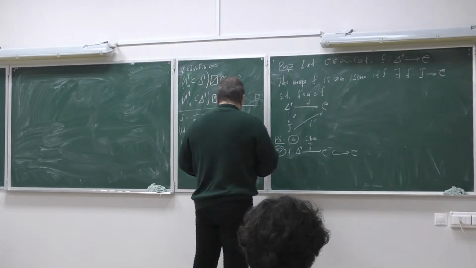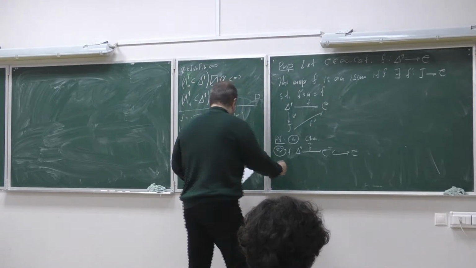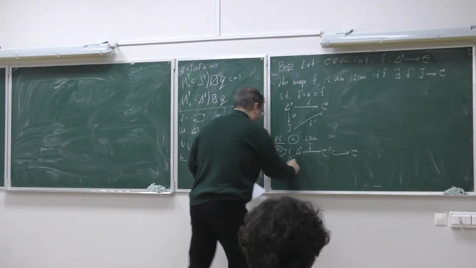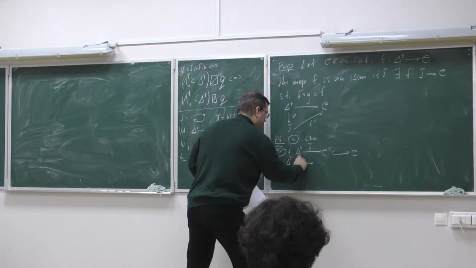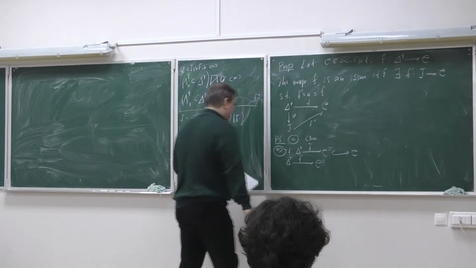Okay, so for this f tilde, I want to look at a lifting problem. Let me take delta 1, with the map f tilde, I can map this to C with tilde.